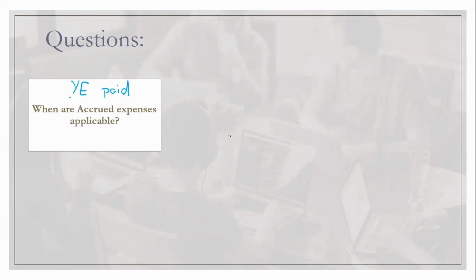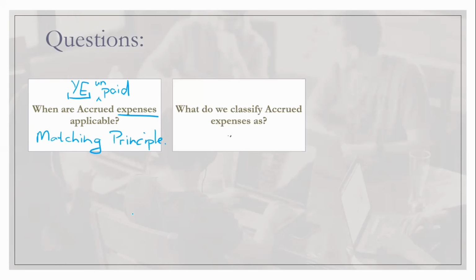So for the year end, we have to make an adjustment for the unpaid expense so that we can still work with the matching principle. Okay. What do we classify accrued expenses as? We just did this. Temporary liabilities.